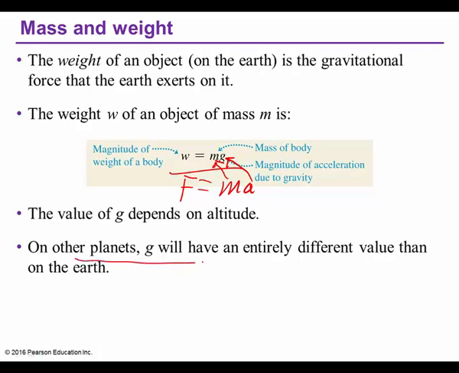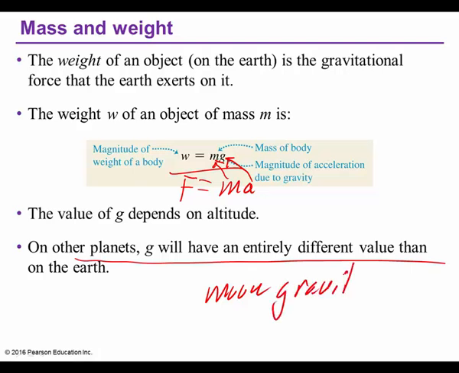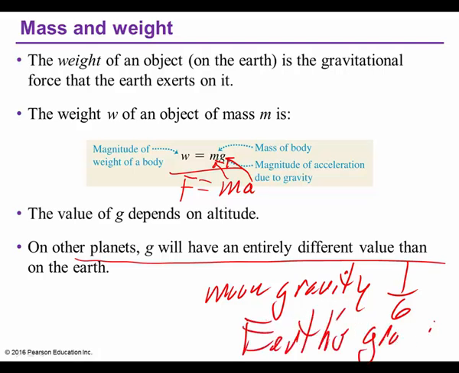Now, needless to say, the value of g is going to be different on other planets, and what is that dependent on? Of course, the mass of the planet has a lot to do with it. We haven't gotten to Newton's law of gravitation, but we'll look at that. The moon's gravity is 1/6 the Earth's gravity.